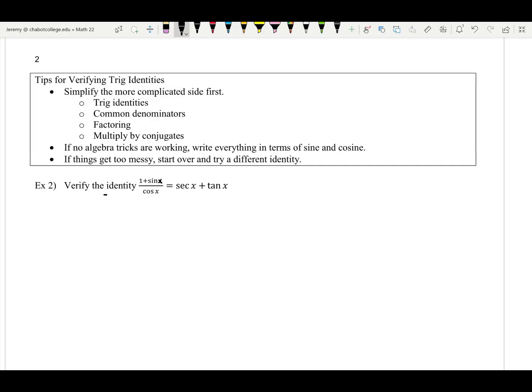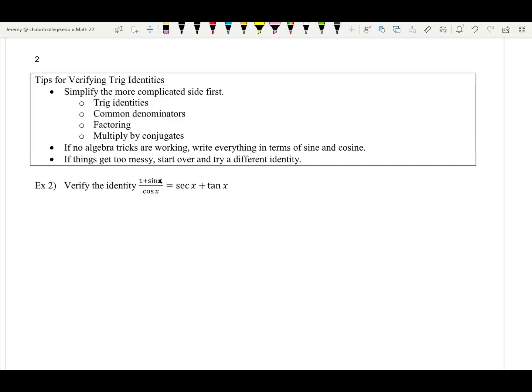Okay, and this is being called an identity, meaning it should be true for any value of x. It is an unconditional equality. Now, how could we possibly demonstrate or prove to ourselves or to whoever's reading our work that these two are truly the same?